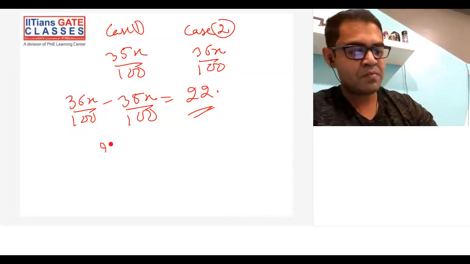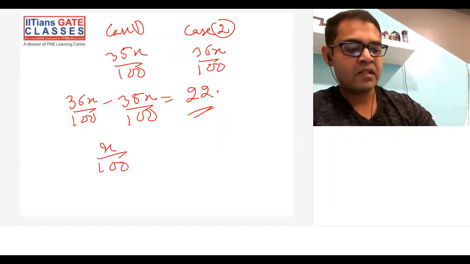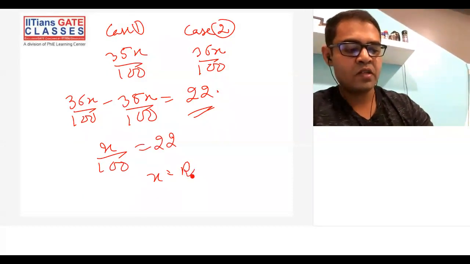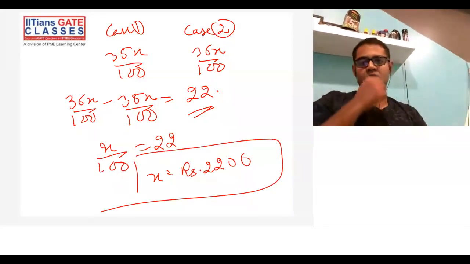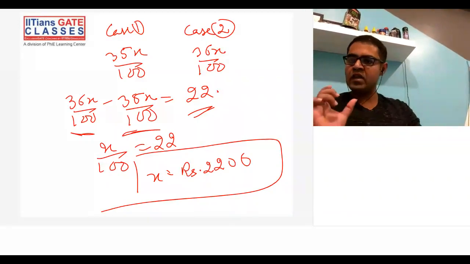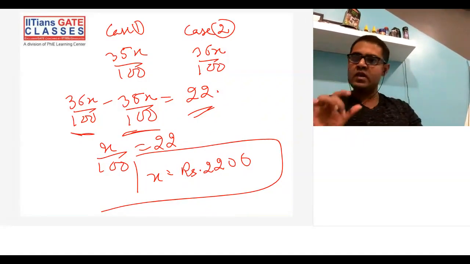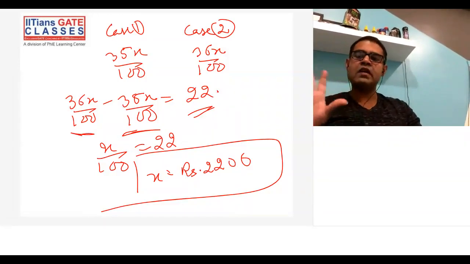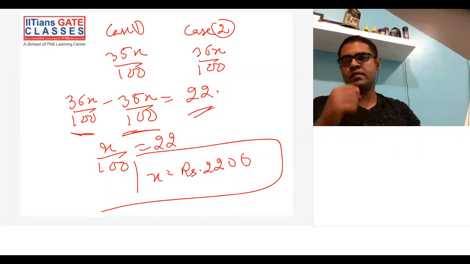So simple: x by 100 is equal to 22, and then x is equal to rupees 2200. Simple as that. Because I kept the denominator as 100 in both cases, it was easy and quick for me to solve this. Otherwise, I would have spent around 20-30 seconds extra in taking the LCM again and solving it.